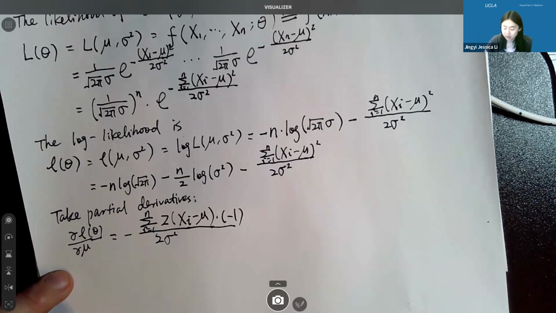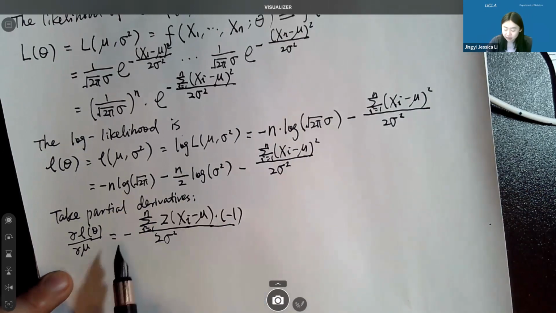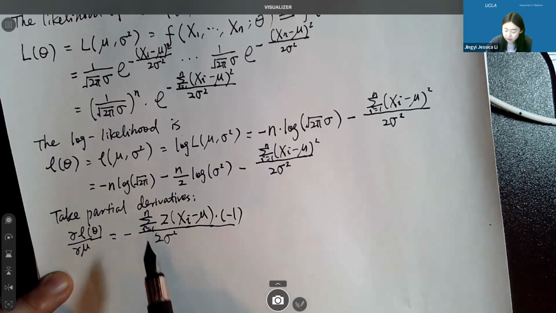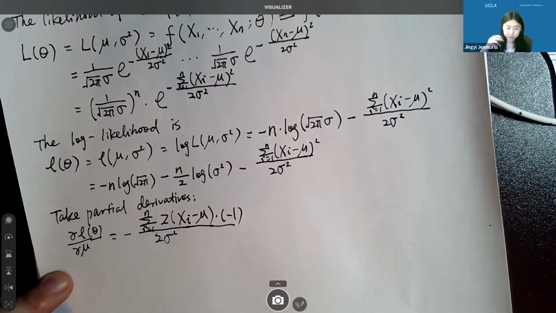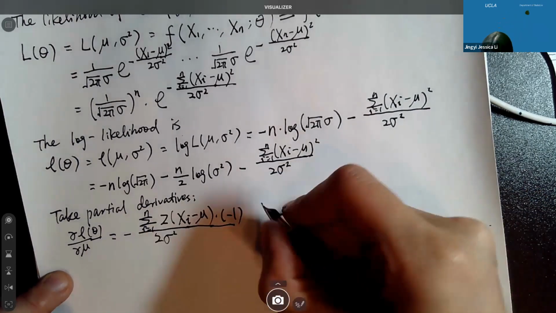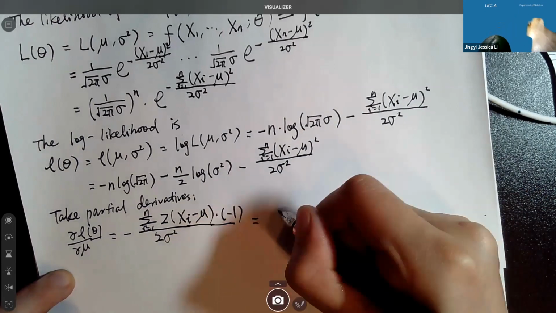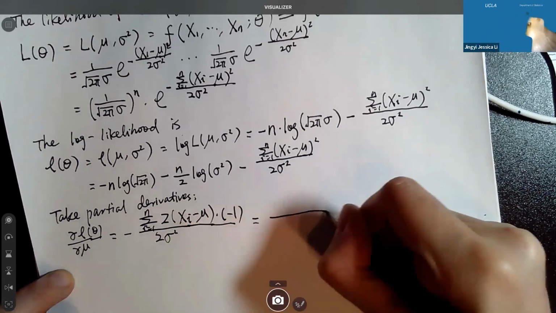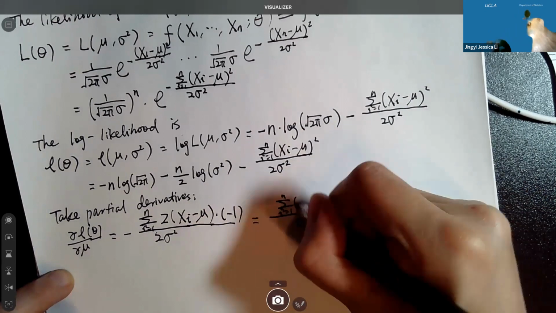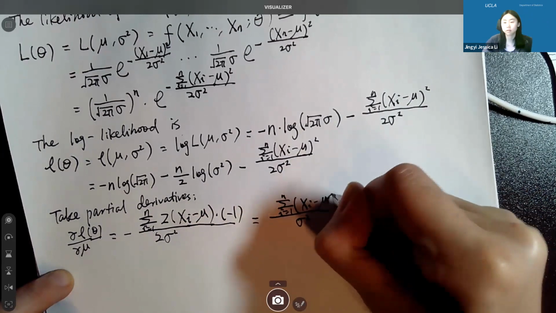Okay, now you see this negative 1 and this negative sign will be canceled. And this 2 and the 2 in the denominator will be canceled, right? So what I'm left with is just that. Okay.